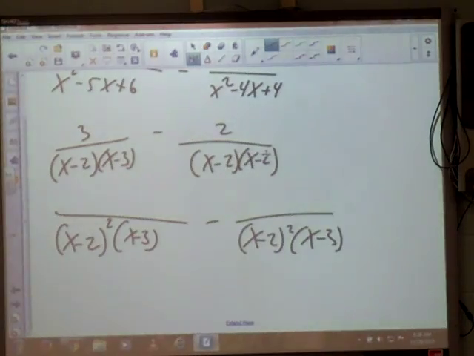And if you don't like the squared, you can write it out twice. So here with the 3, it already had one x minus 2 and an x minus 3, so it needs another x minus 2. Here with the 2, it had both of the x minus 2s, so it needs the x minus 3.